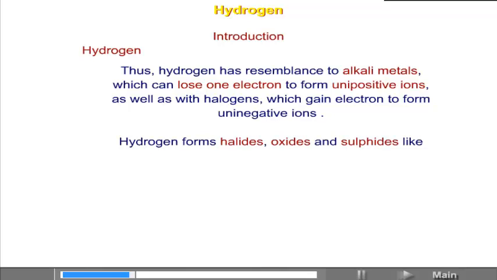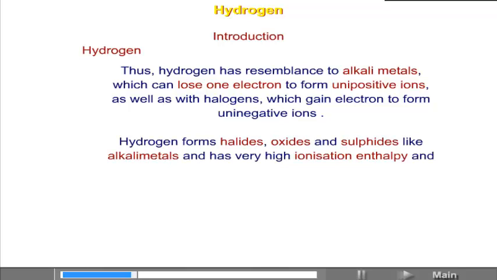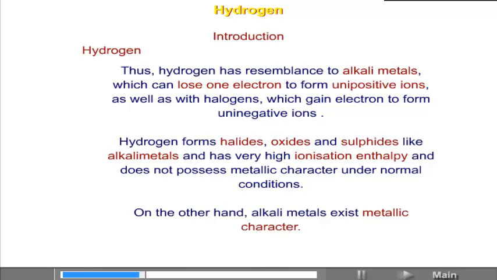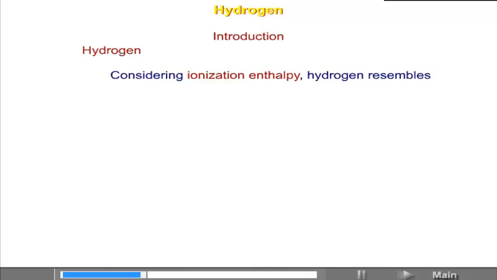Hydrogen forms halides, oxides and sulfides like alkali metals, and has very high ionization enthalpy and does not possess metallic character under normal conditions. On the other hand, alkali metals exhibit metallic character. Considering ionization enthalpy, hydrogen resembles more with halogens.